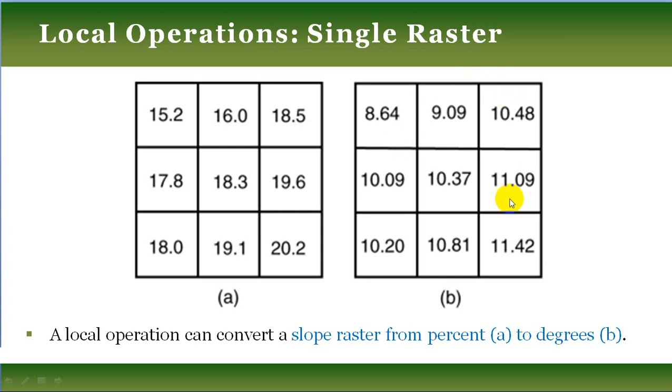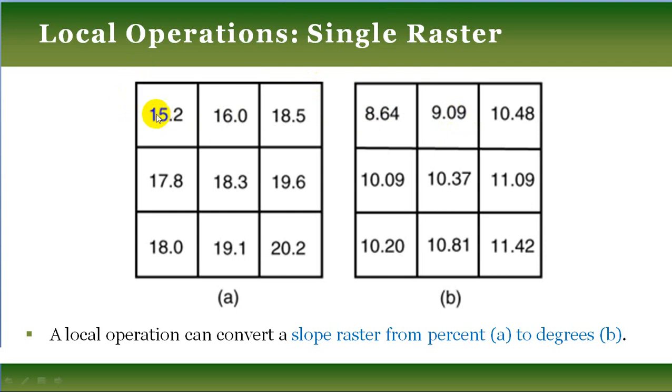Now how was this output image calculated? In this input image, every pixel contains a slope value in percentage. So this 15.2 percent slope value is converted to an 8.64 degree slope. 16 percent slope is converted to a 9.09 degree slope.